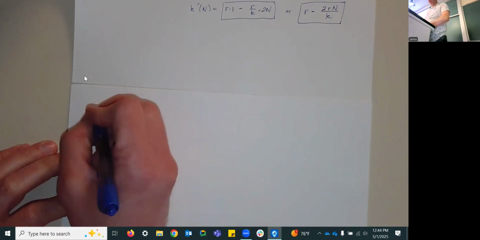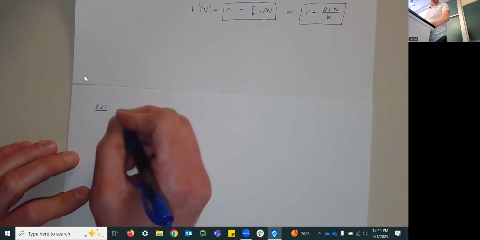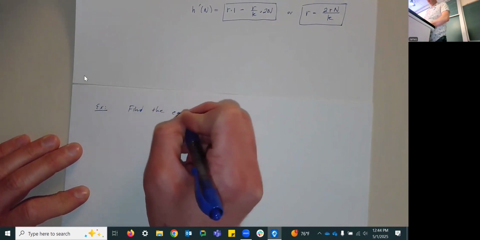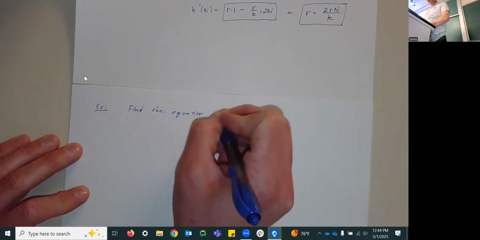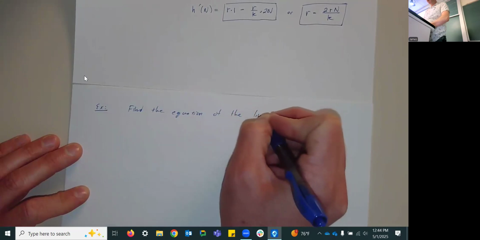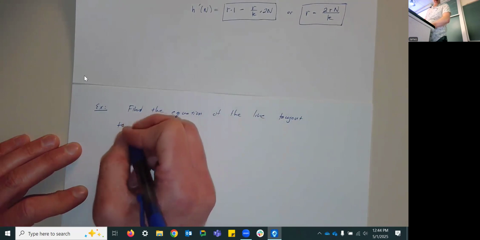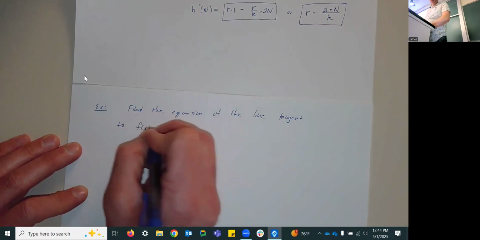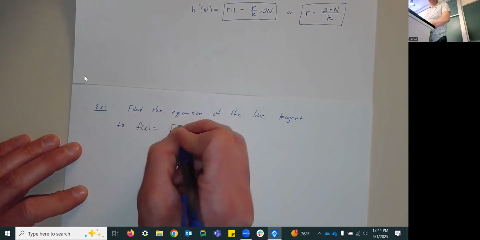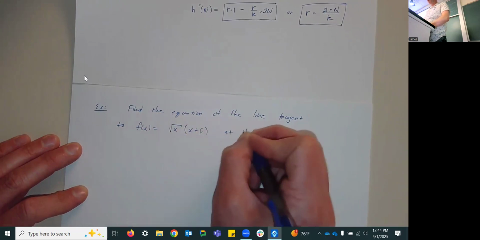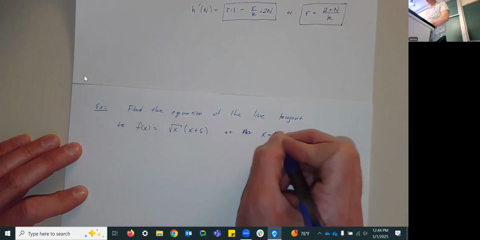Okay, one more example before we switch gears here. Let's say we want to find the equation of the line tangent to f of x equal to the square root of x times x plus 6 at the point at x equal to 4.